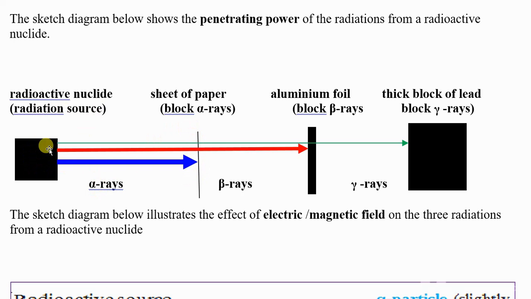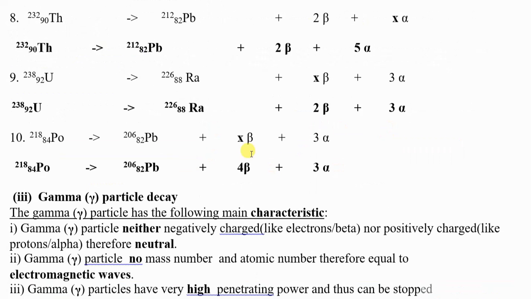Beta have more penetrating power than alpha, therefore will penetrate the piece of paper and be blocked by a piece of aluminum foil. The last one is the gamma, which has very, very high penetrating power. They will penetrate through the aluminum foil, and then be blocked by a thick lead block. It is the thick lead which will block it. So this is gamma. Very good.